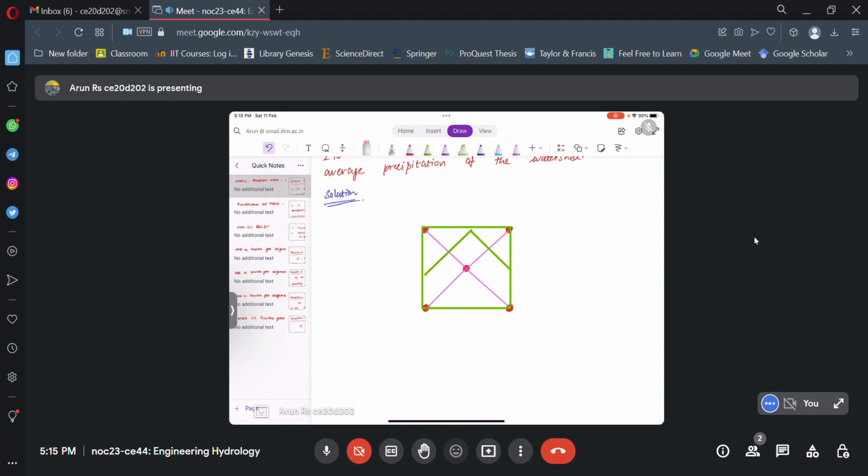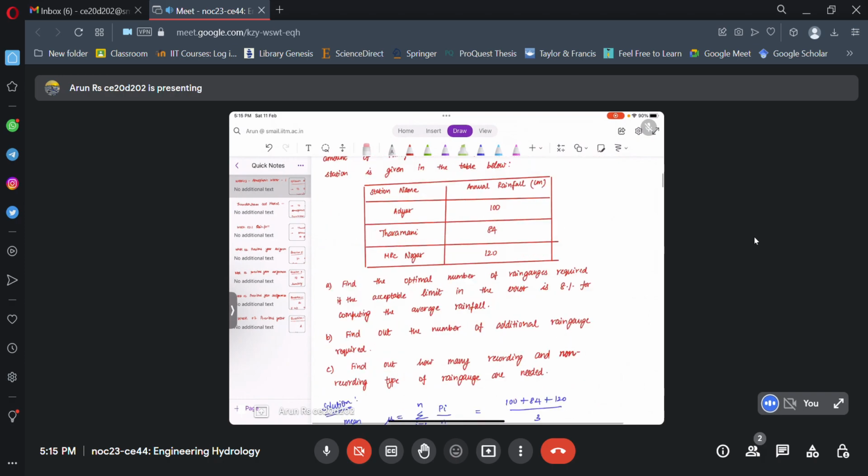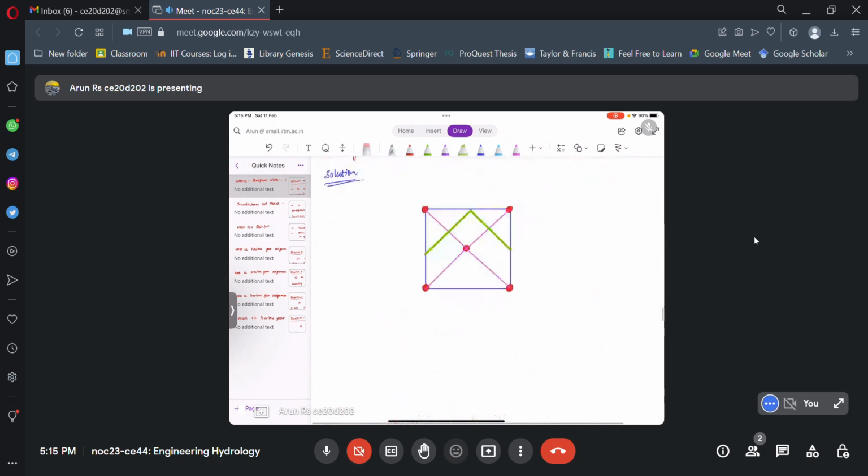So the side of the square is A, and this will intersect exactly at the midpoint of the side, so that is A by 2.